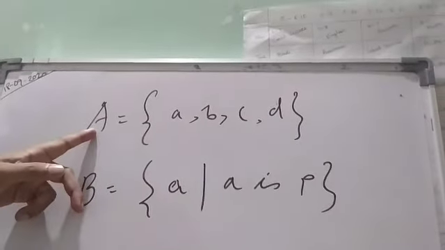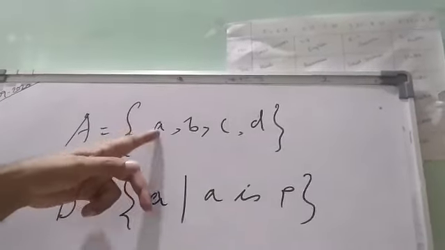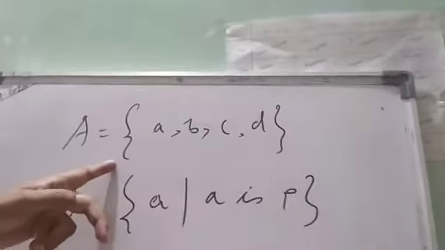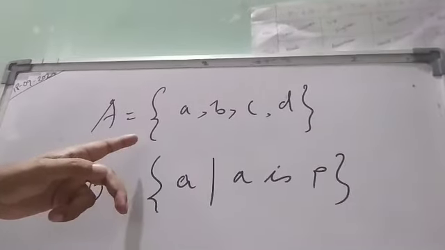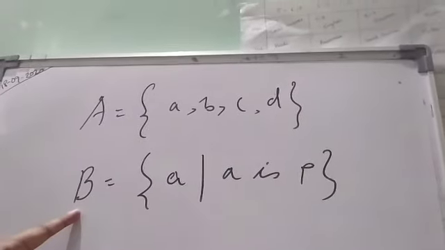This is a very normal, simple set A, which has elements a, b, c, d. This is the brace bracket or the second bracket. This is the very simple way of writing a set. And this is the B set.